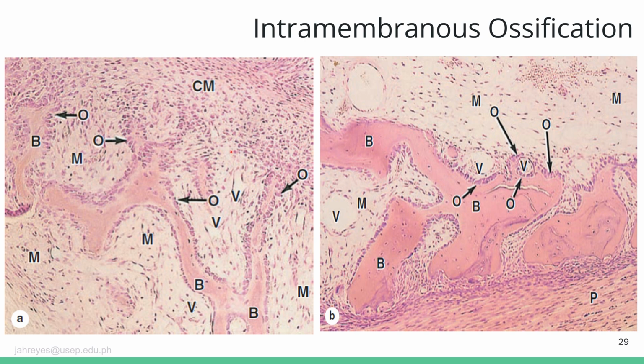So in intramembranous ossification, there will be an ossification center that will appear in the mesenchymal connective tissue.